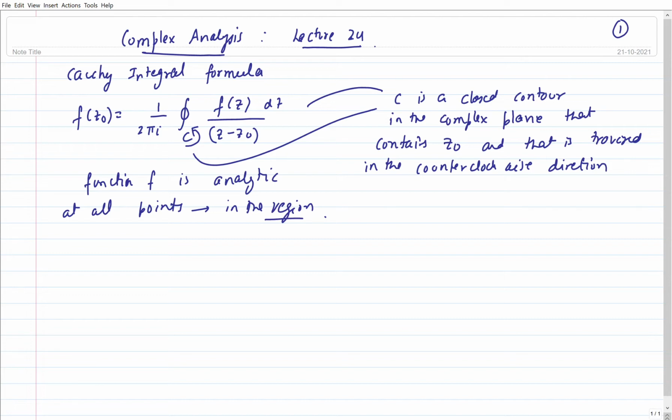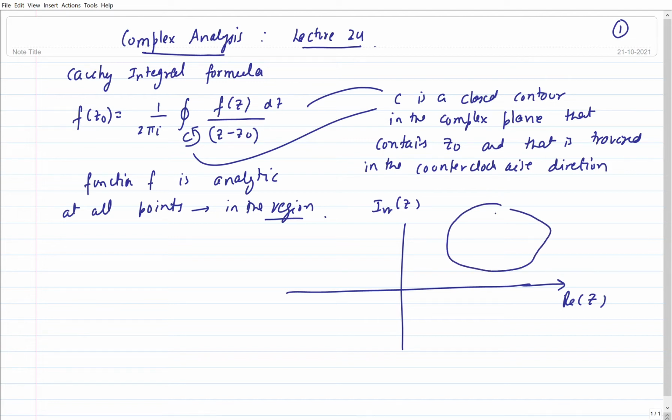Okay, so we begin by typically drawing a sketch, and what I'll do is, let's say I had this particular contour, I had this z0, and that was the idea.